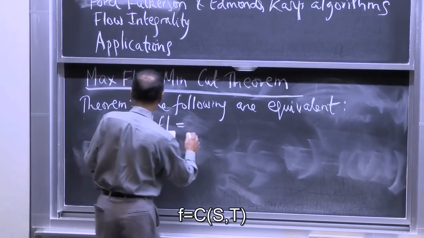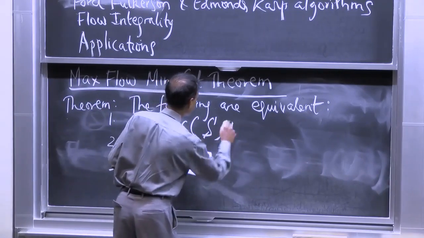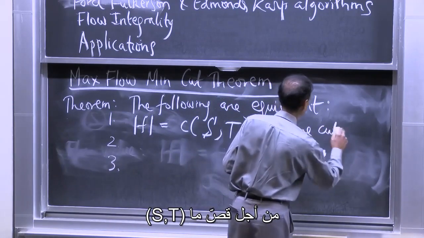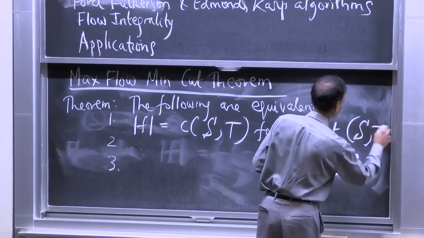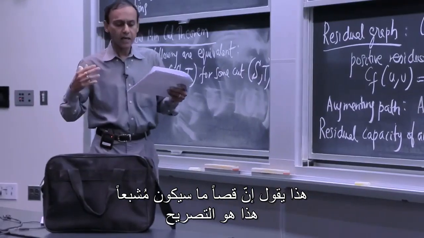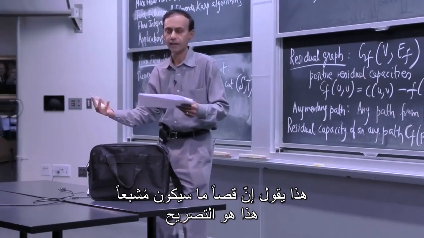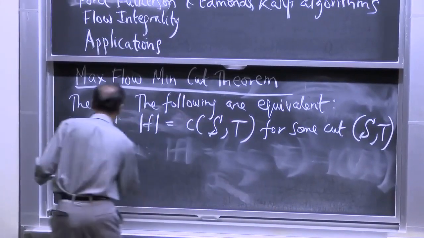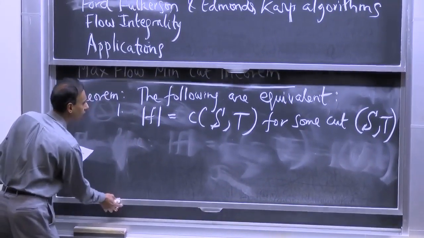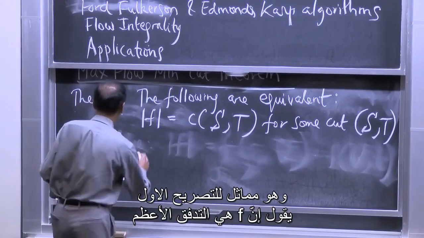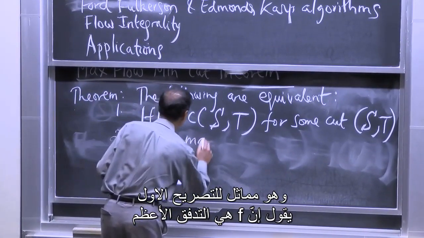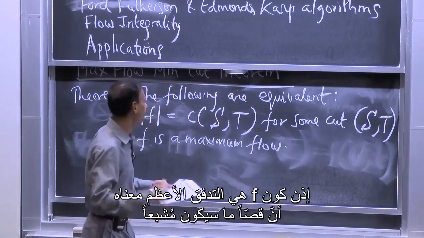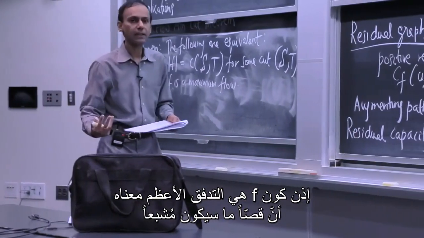F equals C_ST for some cut ST. This says that some cut is saturated, right? So that's just the statement. The second statement, which is equivalent to the first one, says that F is a maximum flow. So F being a maximum flow means there's some cut that's saturated.